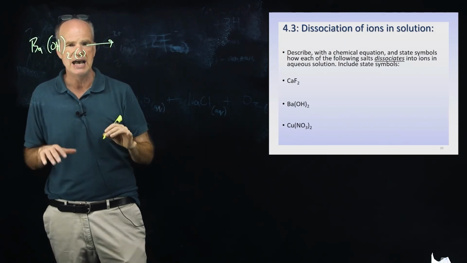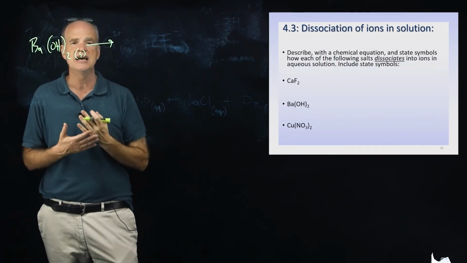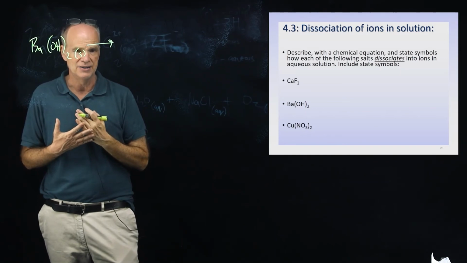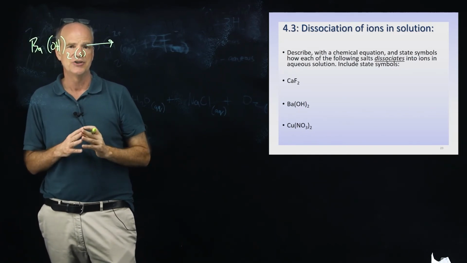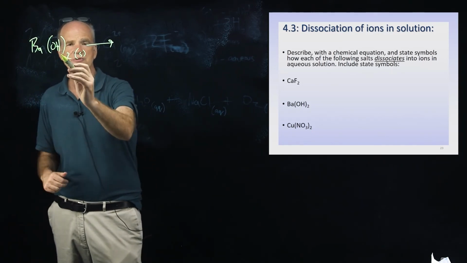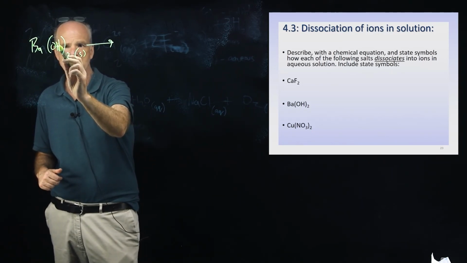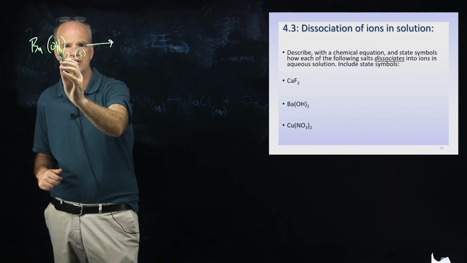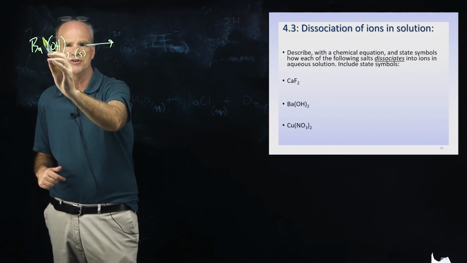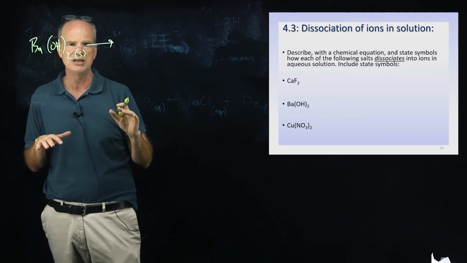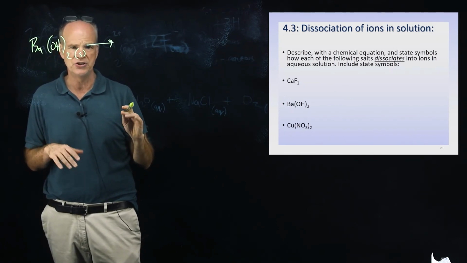And then when we add the salt to water, you get the barium ion dissociating from the two hydroxide ions. You have to remind yourself that the reason why two hydroxides bind to barium, each hydroxide with a single negative charge, is because a single barium ion has a 2+ charge. We have to indicate that in the dissociation equation.